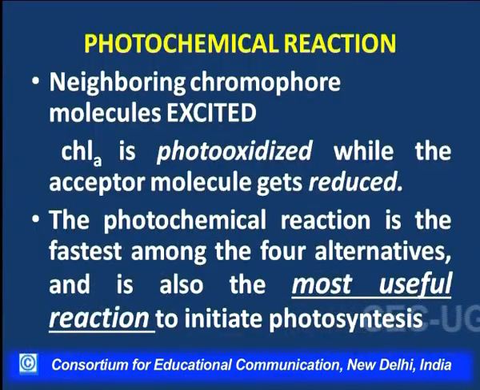So it is basically the photochemical reactions which are the useful ones, which would mean that when the chlorophyll A molecule is photooxidized, there has to be some acceptor molecule which would accept these electrons, and it would get reduced.